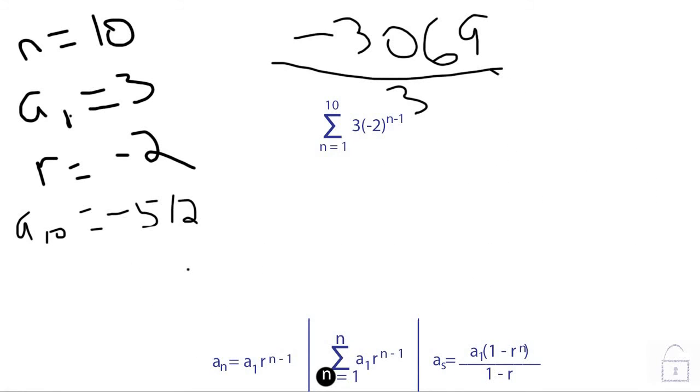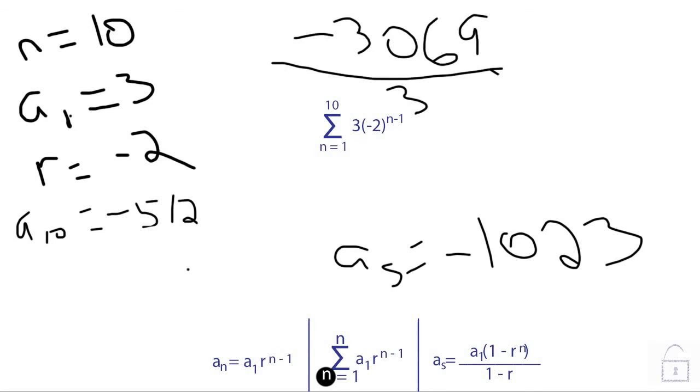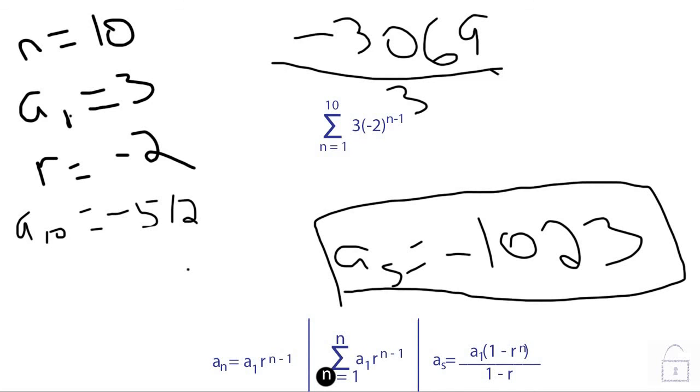Now if you take -3069 divided by 3, you get a value of -1023. So our sum is equal to -1023, and that is our answer for that problem, along with a sub 10 equaling -512.